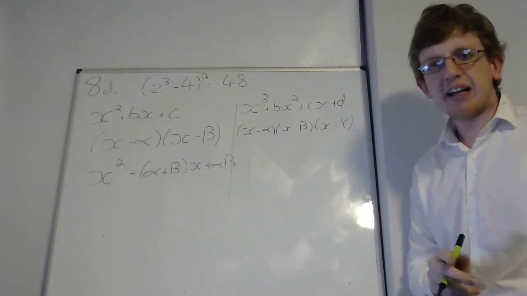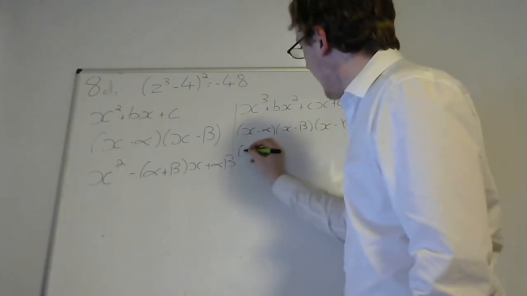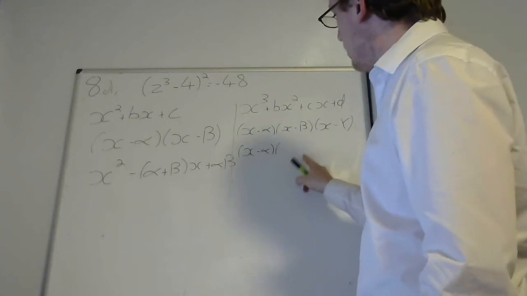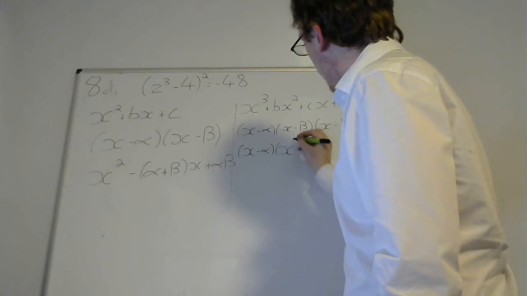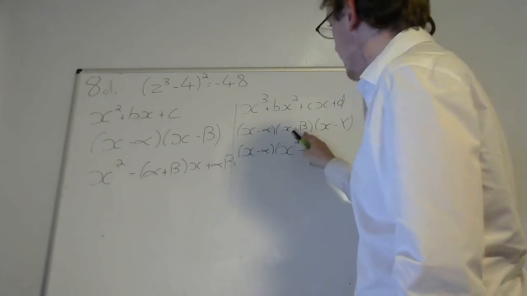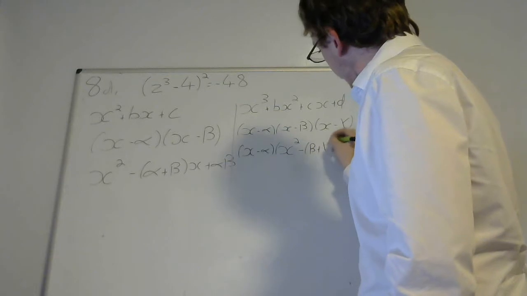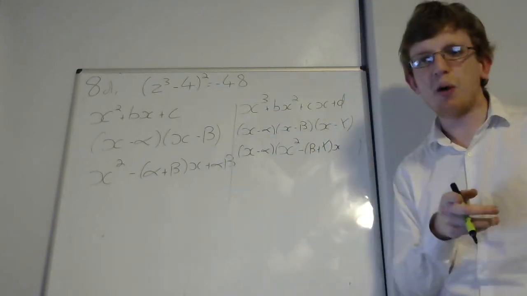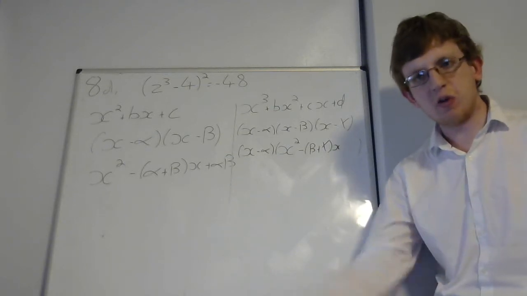If we were to expand that, I'm going to keep my first bracket, x minus alpha, and just write out the important bit of the rest: x squared minus beta plus gamma x, plus beta gamma, but we don't care about that for the moment. All we're looking for now is how you get the sum of the roots.